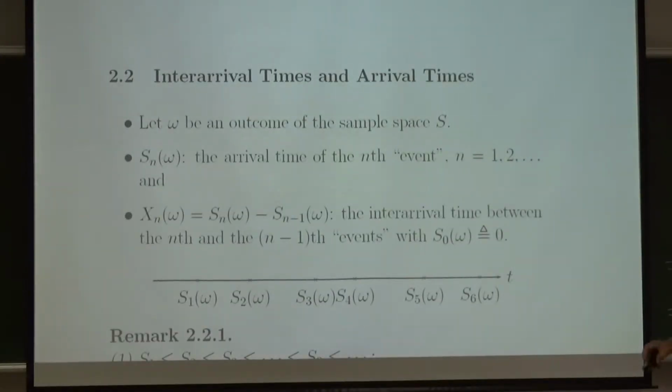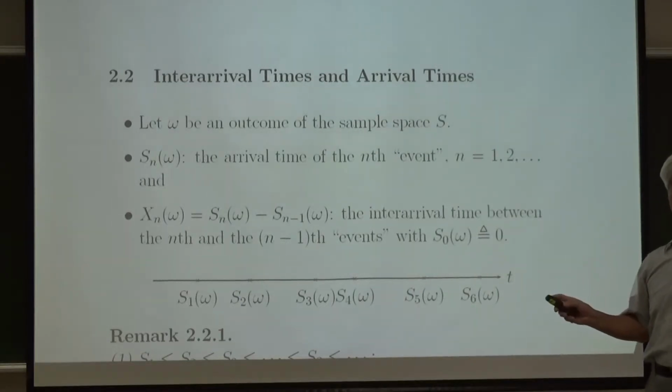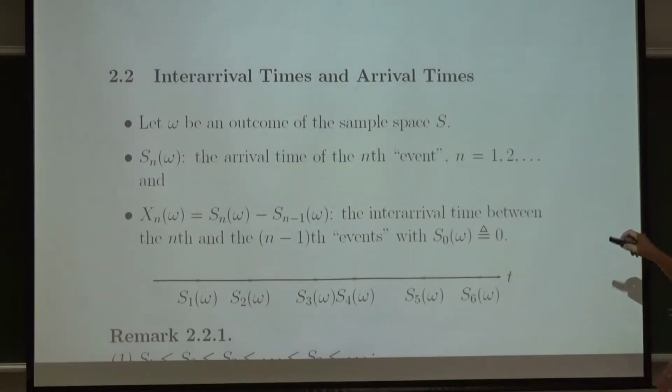Now, once we have these fundamental properties, we examine some deeper insights of the Poisson process. We will describe the Poisson process in terms of arrival times and inter-arrival times. Again, the background is that for any random experiment we have an associated probability space. Suppose omega is an outcome of some space.